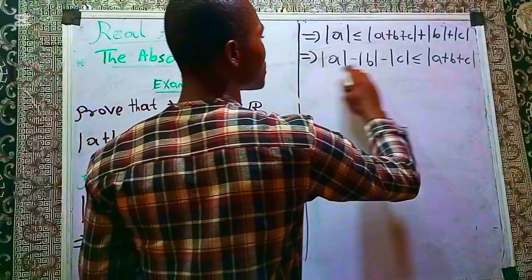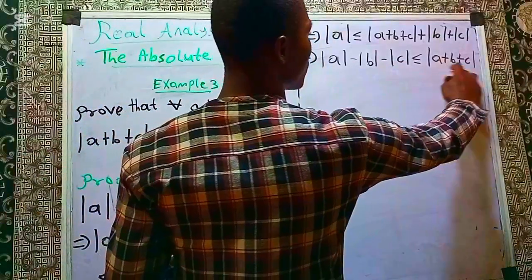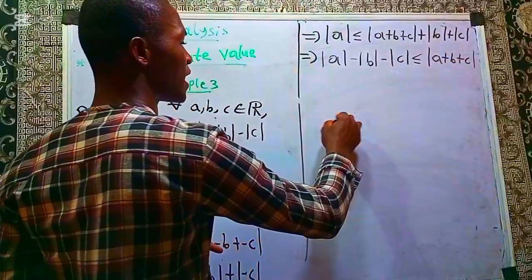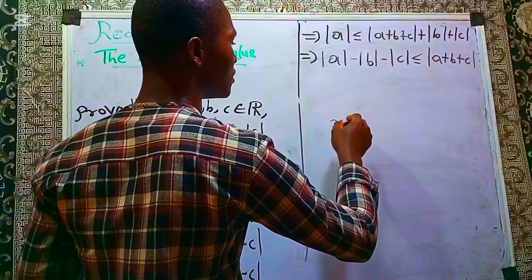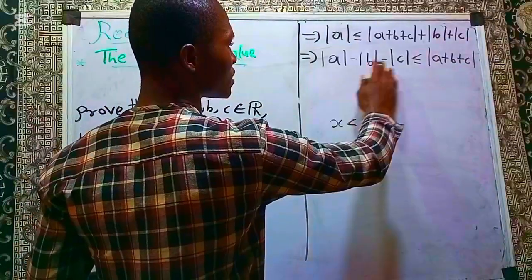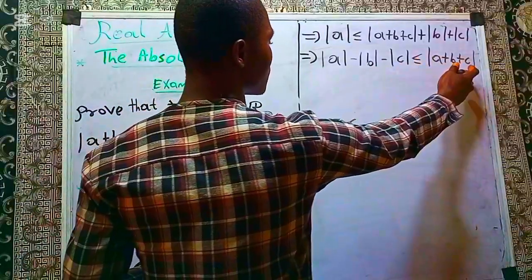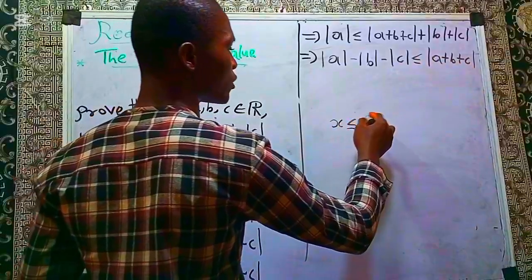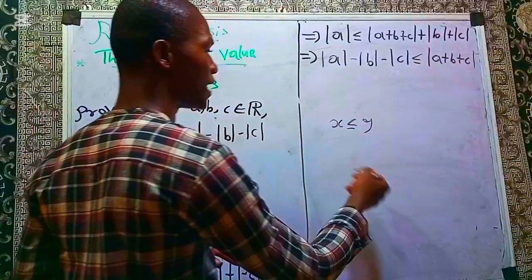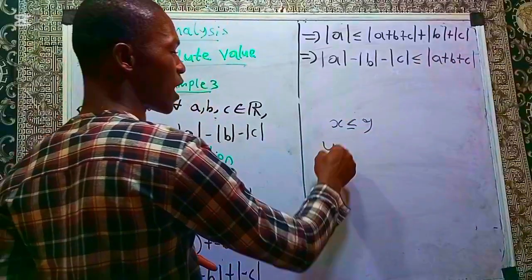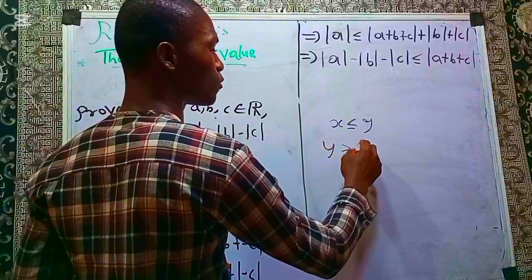So this quantity is less than or equal to this quantity. For instance, if x is less than or equal to y, then this simply means that y will be greater than or equal to what?